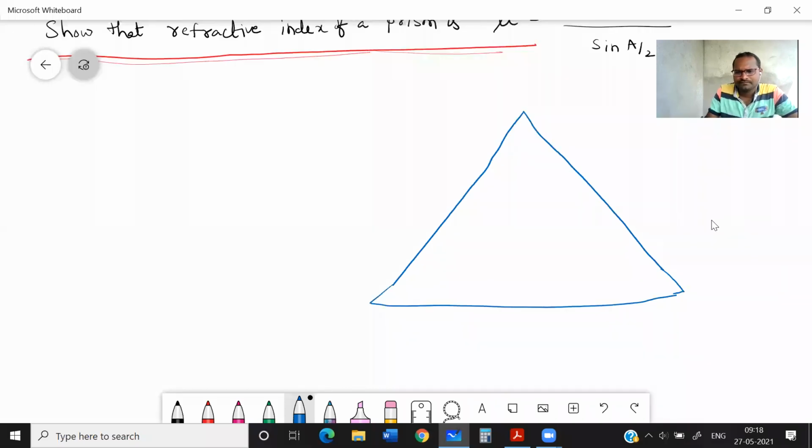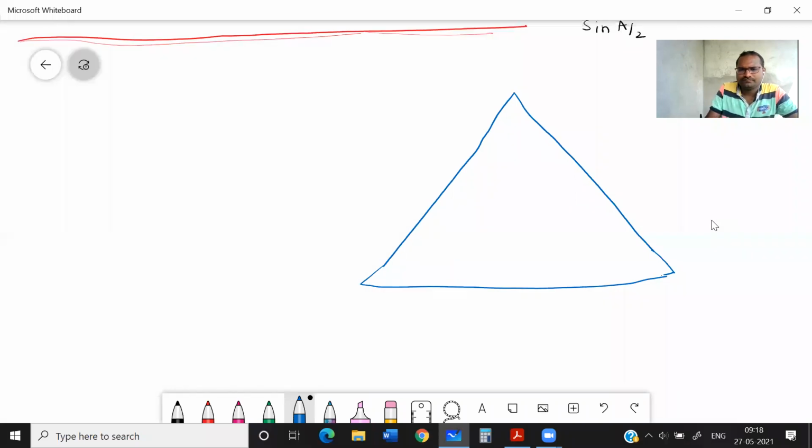Now, this prism naming I am giving you A, B, C. AB and AC are the refracting surfaces, and BC is the base of this prism, and angle A is the angle of the prism. Let us suppose angle of the prism is angle A. Okay, BC is the base of the prism. AB and AC are the refracting surfaces.